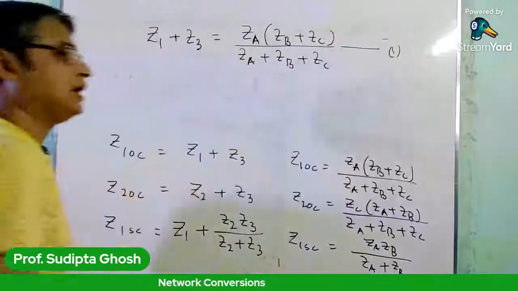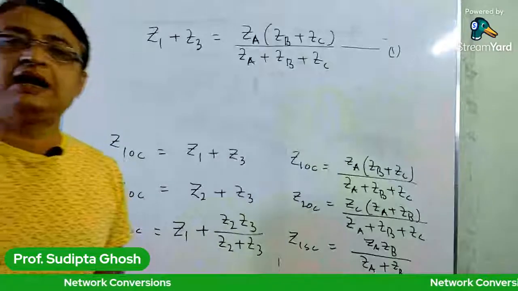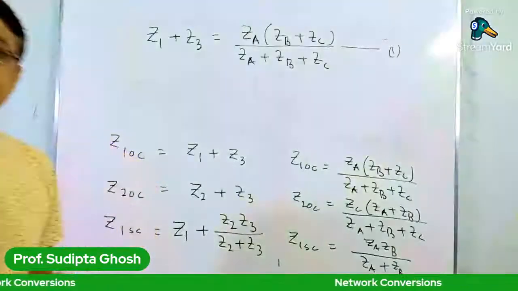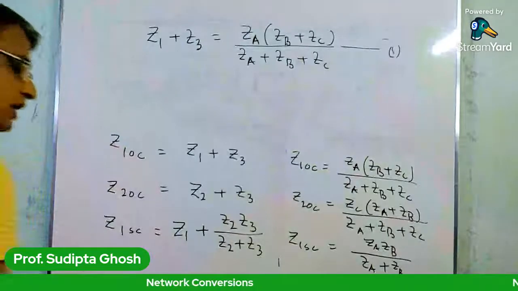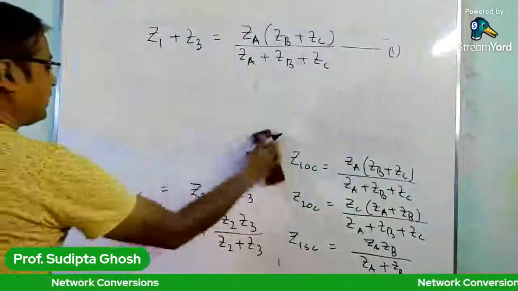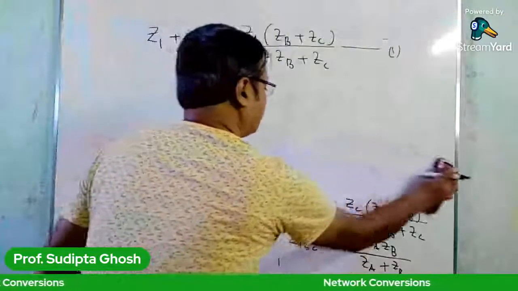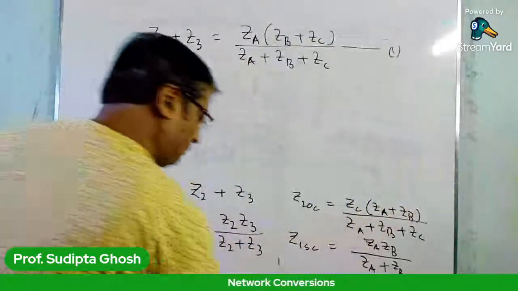Equation 1 is derived by equating Z1 OC for the T network as well as for the pi network. So I can remove these equations for Z1 OC.